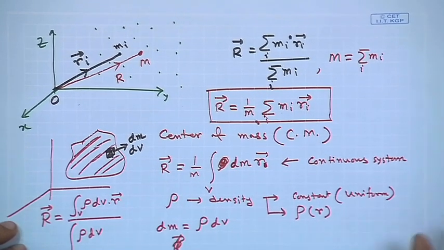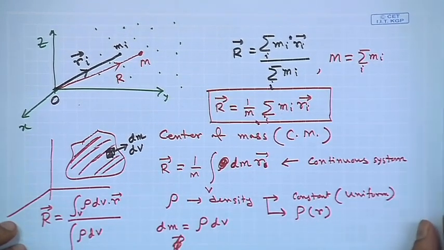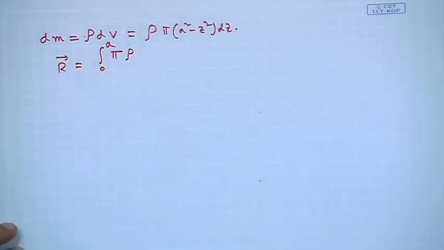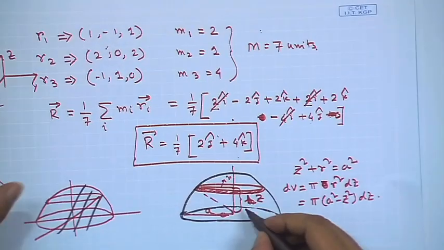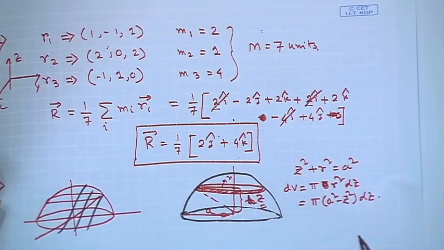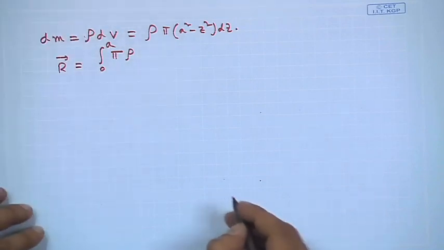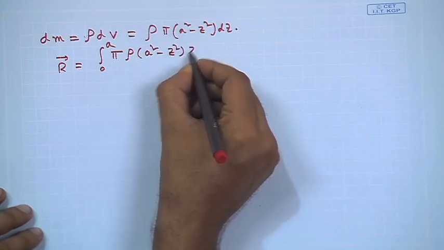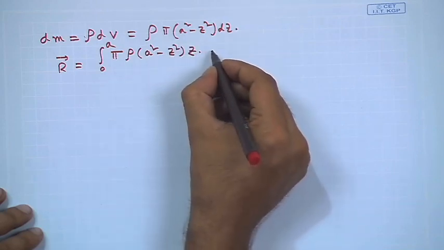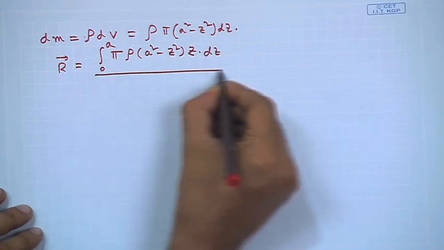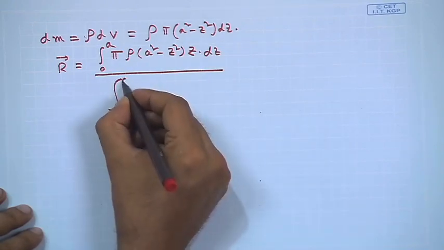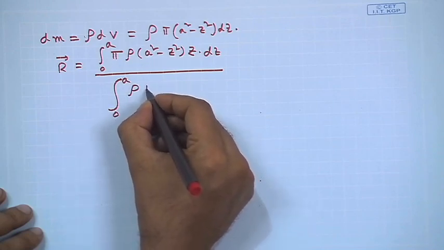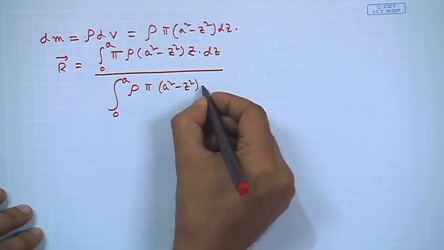Instead of r we can put z in this case, because we have taken z as the variable. So we put pi (s square minus z square) times z dz for the upper integral, and for the lower integral we simply integrate rho dv, which is pi (s square minus z square) dz.